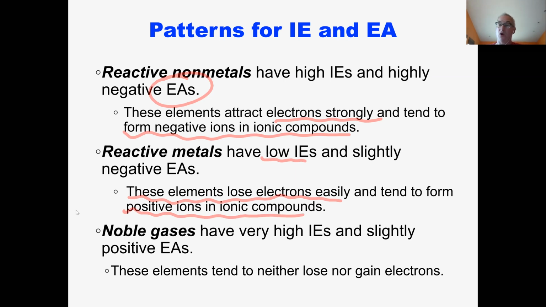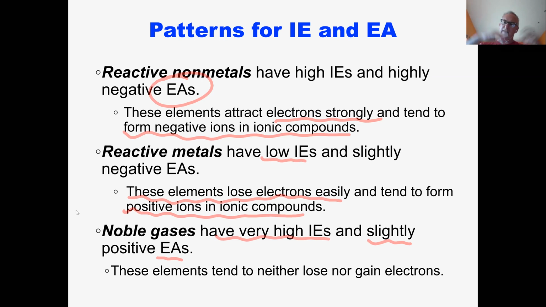And then when you look at the noble gases, they're just super chill. They have very high ionization energies. It's very hard to pull an electron away from a noble gas. And slightly positive electron affinities, meaning you have to force a noble gas to accept an electron.